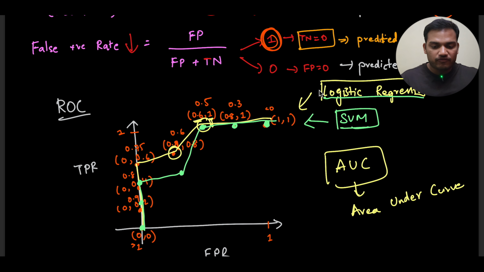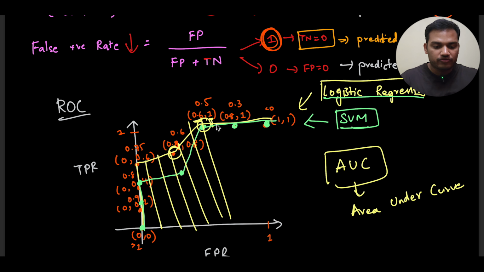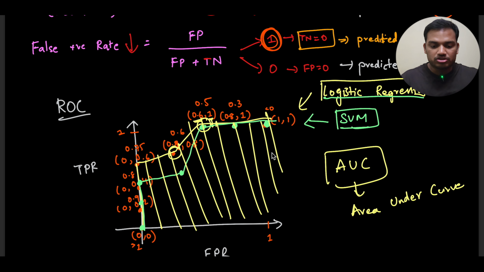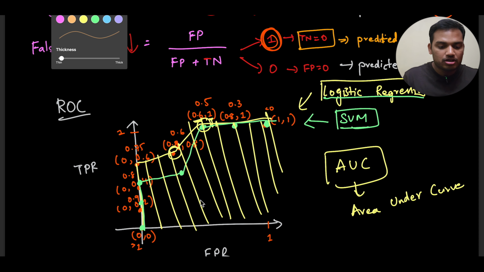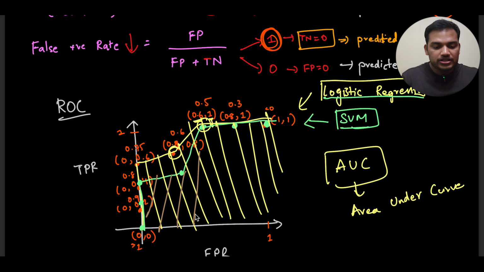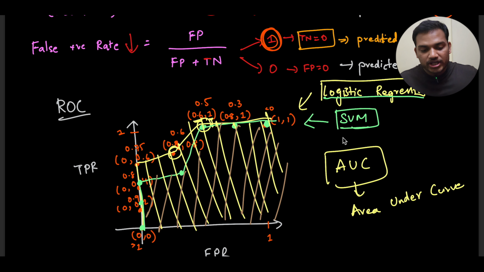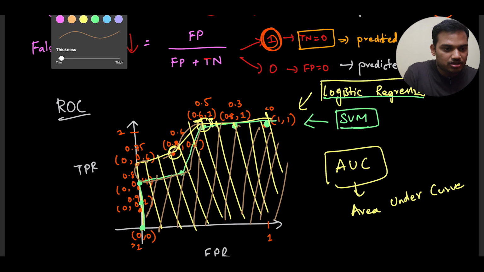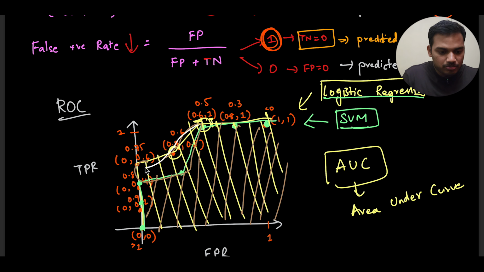Here, for logistic regression, the yellow one is covering this much amount of area. This is the area covered by logistic regression. Whereas for the green one, the SVM, the area covered is this much. So which one is covering more area? Basically, logistic regression is covering more area, this particular extra part, or let me change the color, this extra part is covered by logistic regression.